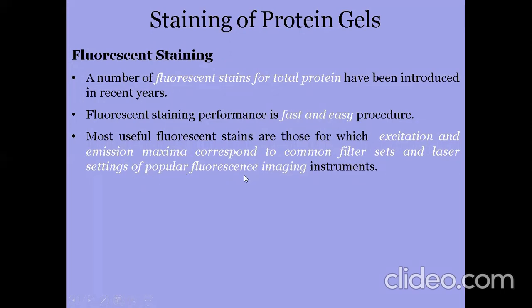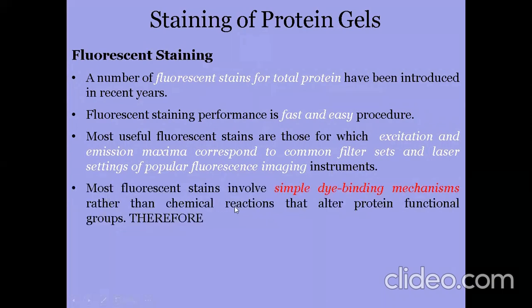With popular fluorescence imaging instruments, if that is compatible, that's more feasible. Most fluorescence stains involve a simple dye binding mechanism rather than chemical reactions that alter protein functional groups.